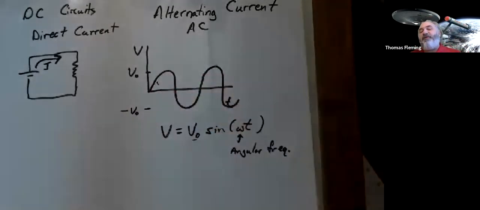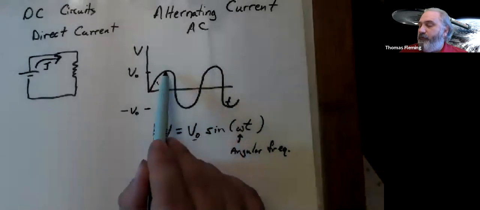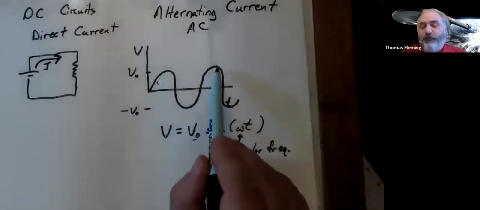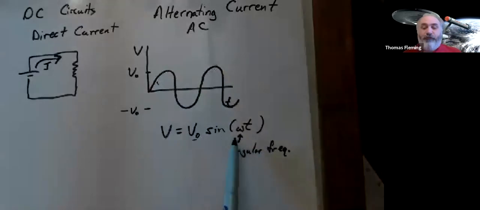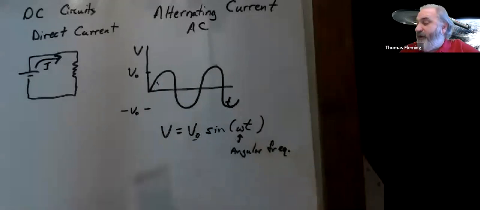So essentially, by changing omega, you're changing how long you have to wait before the current gets all the way back around to its original value. It repeats more frequently at higher values of omega, and it repeats less frequently as omega gets smaller and smaller. If omega drops to zero, basically this turns into DC.